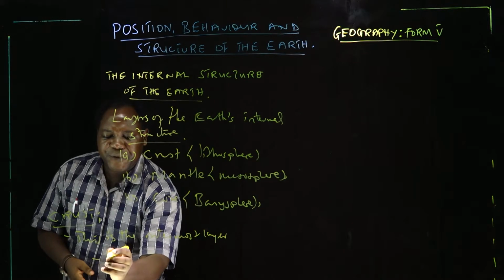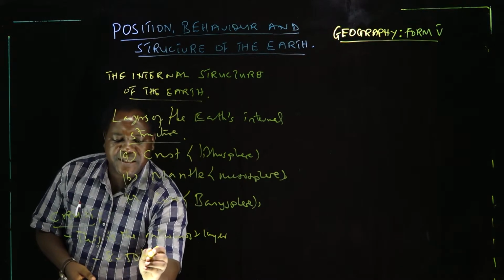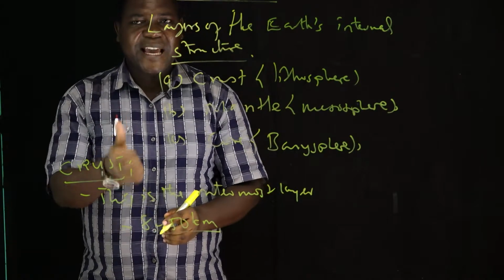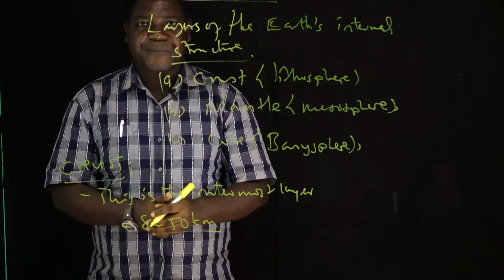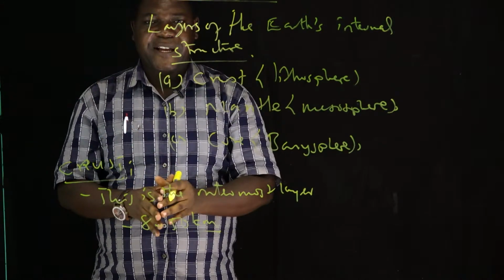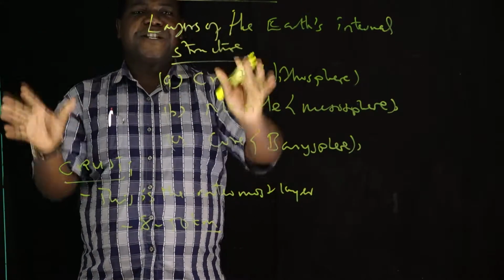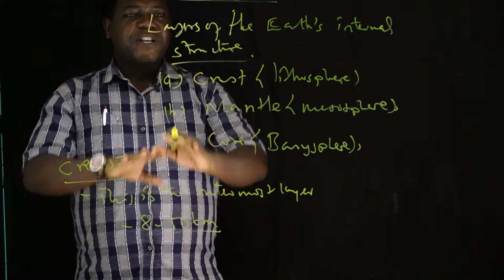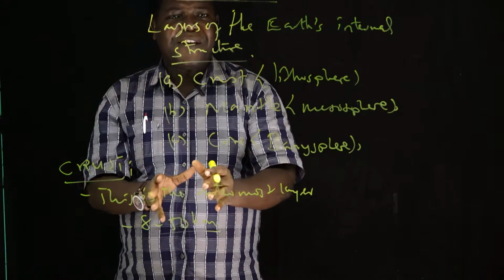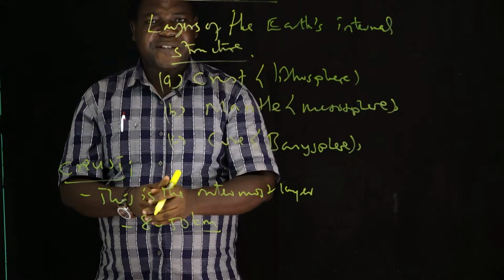It extends from 8 to 50 kilometers deep. Imagine, it is 8 to 50 kilometers deep. Therefore, we consider this as the outermost layer, the layer with different materials: rocks, soil, trees, all living things are within this layer.